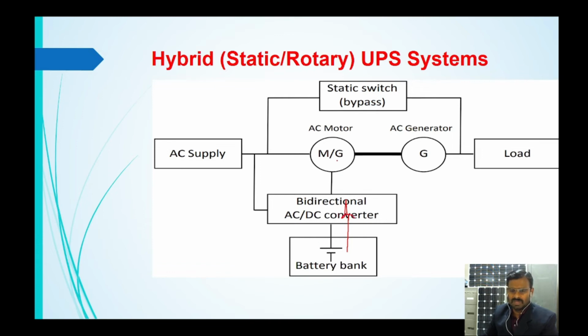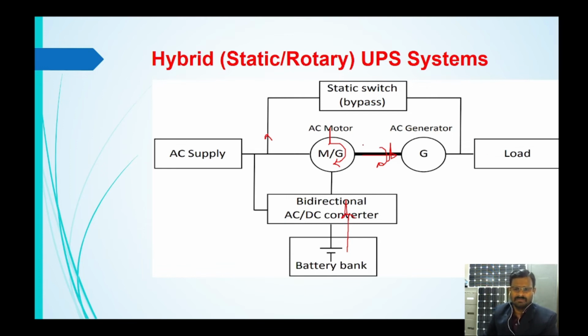Now the AC motor is going to run, and it is coupled to the generator. So the generator is going to run, and the load is going to get the power. And during maintenance of any of these devices, we can also have a bypass path with the static switch to the load.